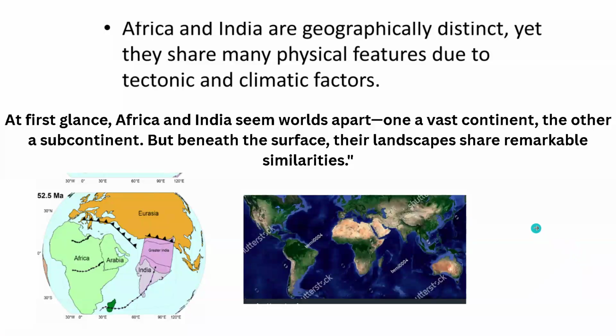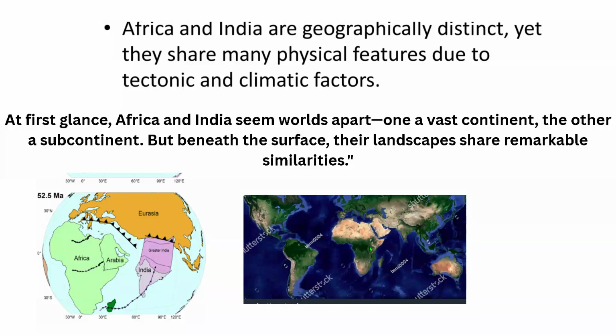If you see, Africa and India are geographically distinct, both are entirely different. But the physical features are similar. So when we think about the similar physical features, we can compare them and we can remember.